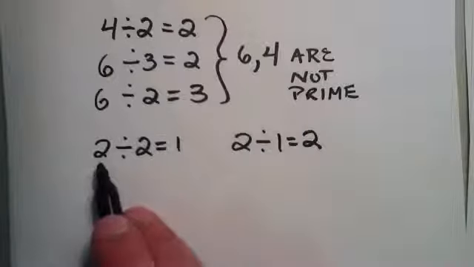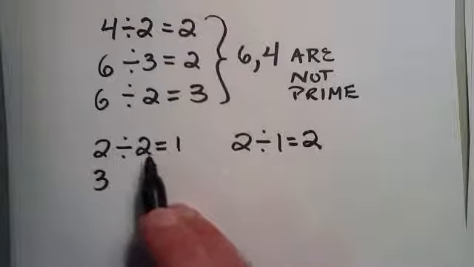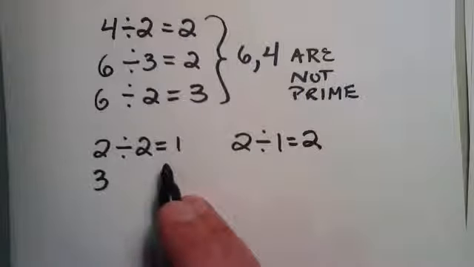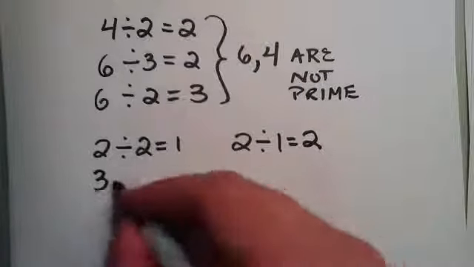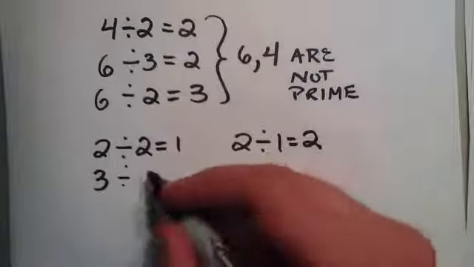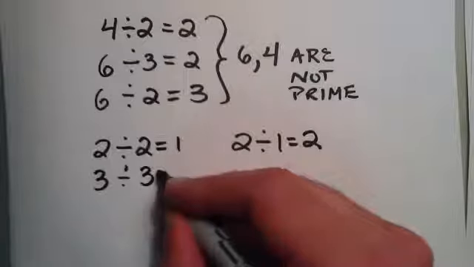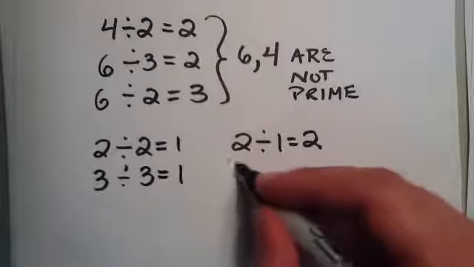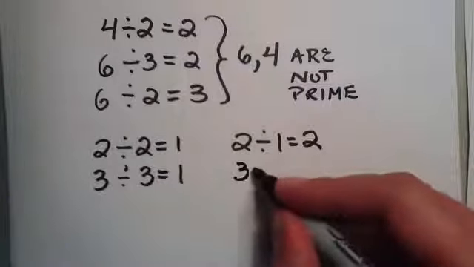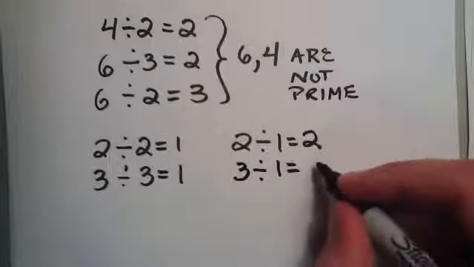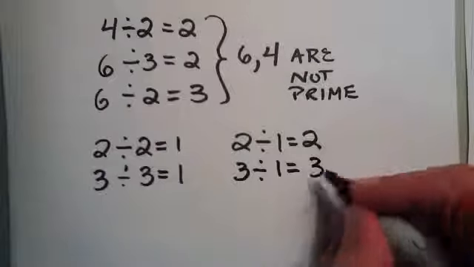You can't divide 2 by any other positive integer other than itself and other than 1 and still produce a positive integer. Likewise, for 3, the only two numbers that 3 can be divided by to produce a positive integer are itself and the number 1.